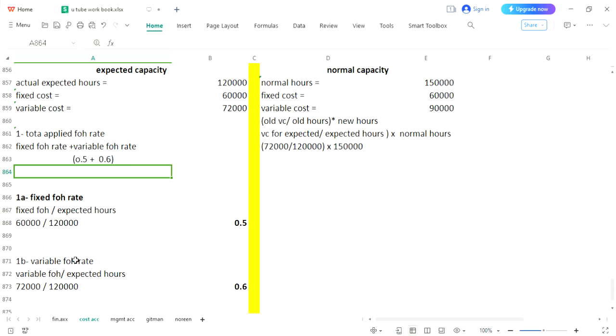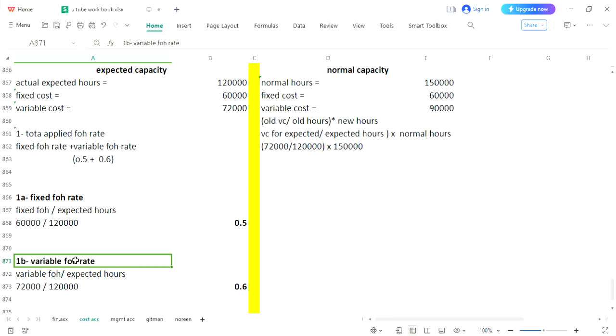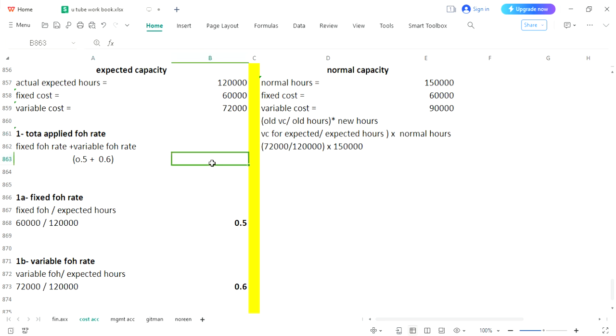We have calculated the variable FOH rate, we have calculated the fixed FOH rate, and then both rates are added to calculate what? Total applied FOH rate. Finally, we will be adding 0.5 plus 0.6. So we have got our expected rate, the total applied FOH rate depending upon expected capacity.